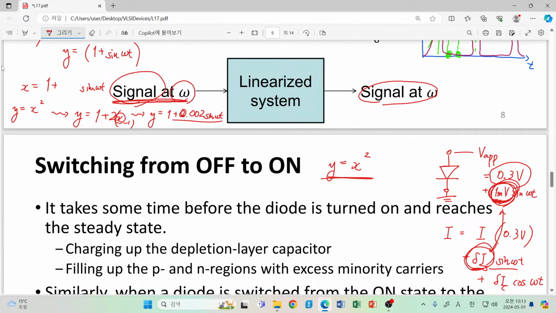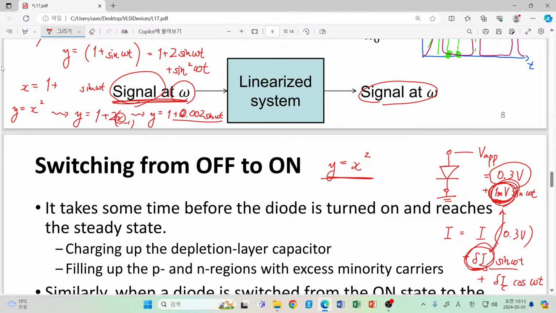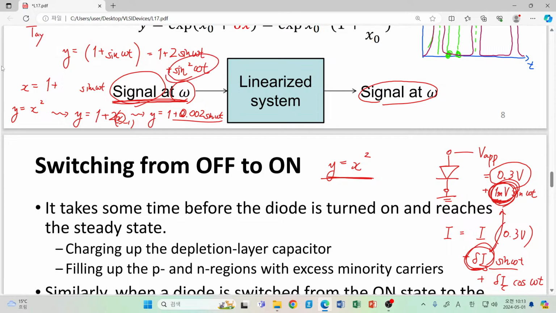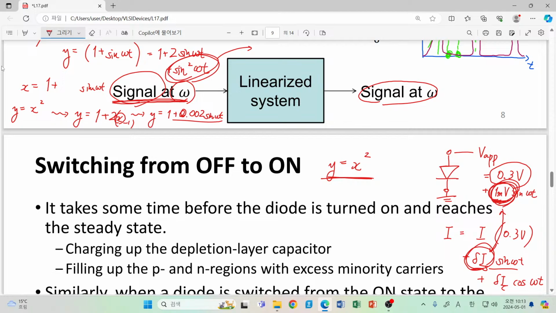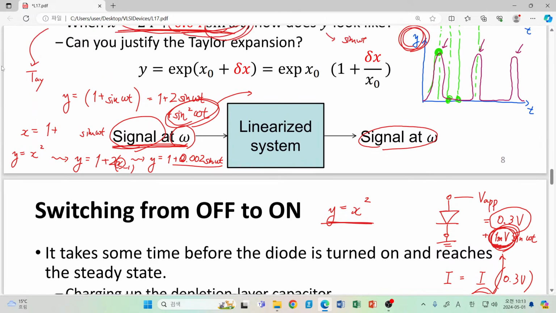Without eliminating anything with approximation, you will have 2 times sine omega t. You have already covered it in your approximated form, but the point is now you have a square of sine omega t, and you know that this corresponds to an angular frequency of not omega, but 2 times omega.